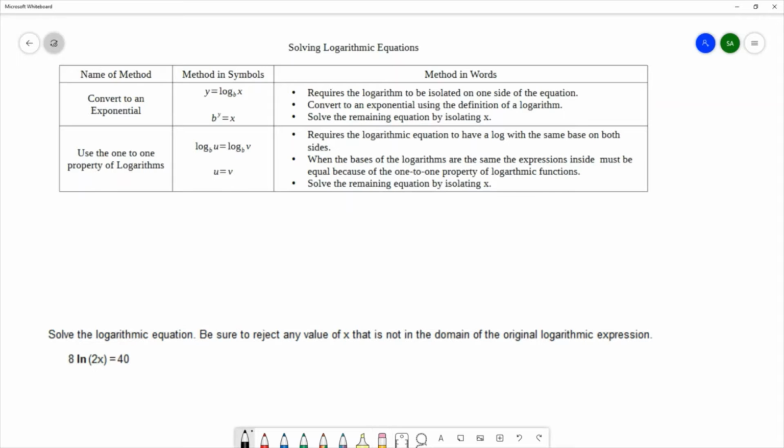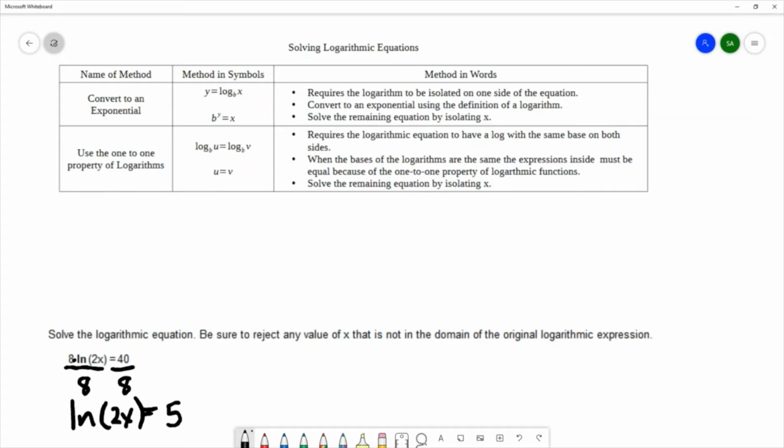And actually we could, since this is multiplication, divide both sides by 8 instead of using those properties. So we can write this as natural log of 2x equals 40 divided by 8, which would be 5.